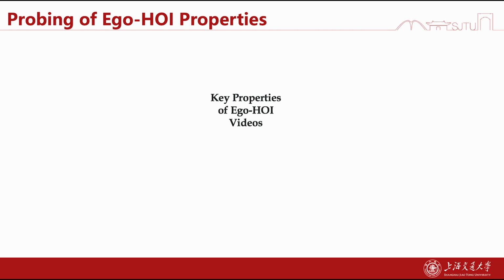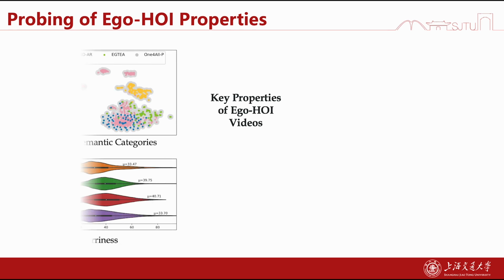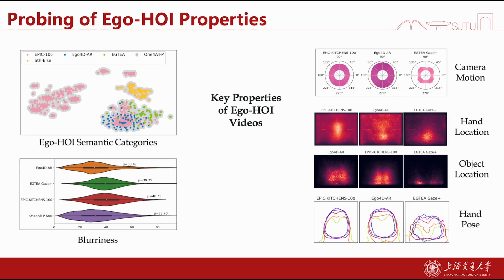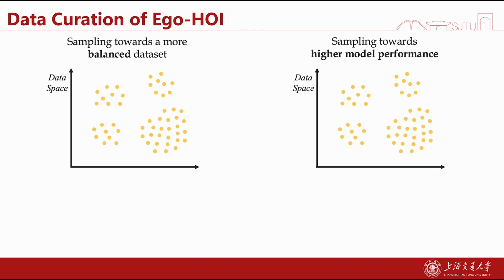In detail, we first analyze the 6 key properties of EgoHOI videos, including semantics, camera motion, blurriness, hand object locations, and hand pose. We quantize the properties and represent the properties of each video clip as a vector. Then, we propose 2 sampling strategies based on the video property representations.